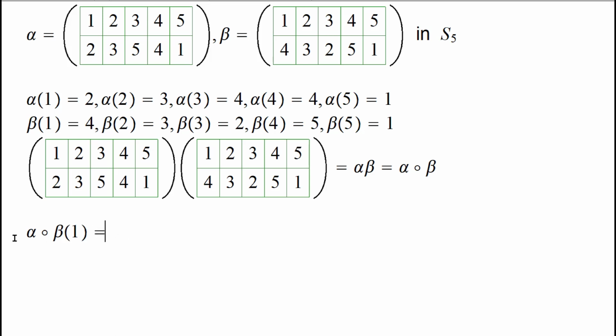So let's just write these down. This would be alpha of beta of 1, right?